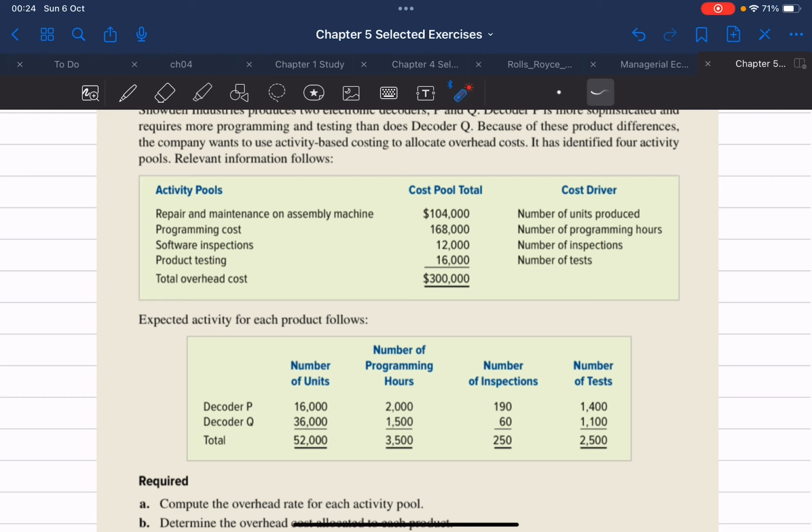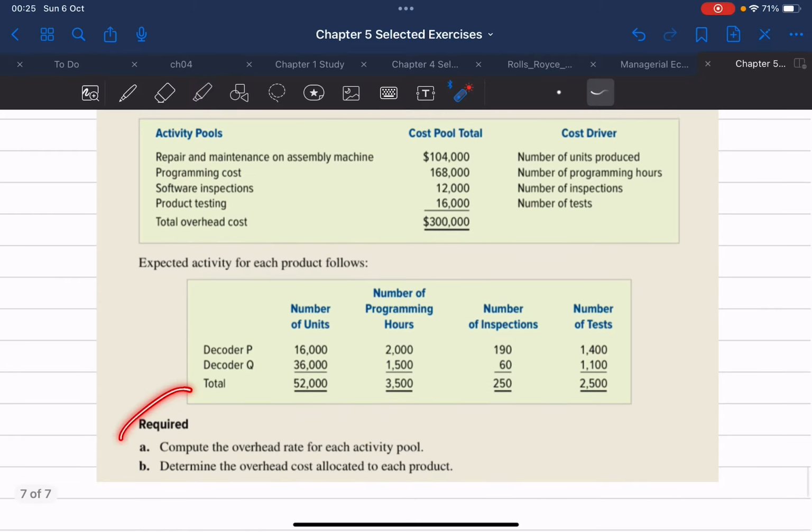For decoder Q, they are planning to produce 36,000 units, and that would require 1,500 programming hours, 60 inspections, and 1,100 tests. Okay, let's look at what's required.